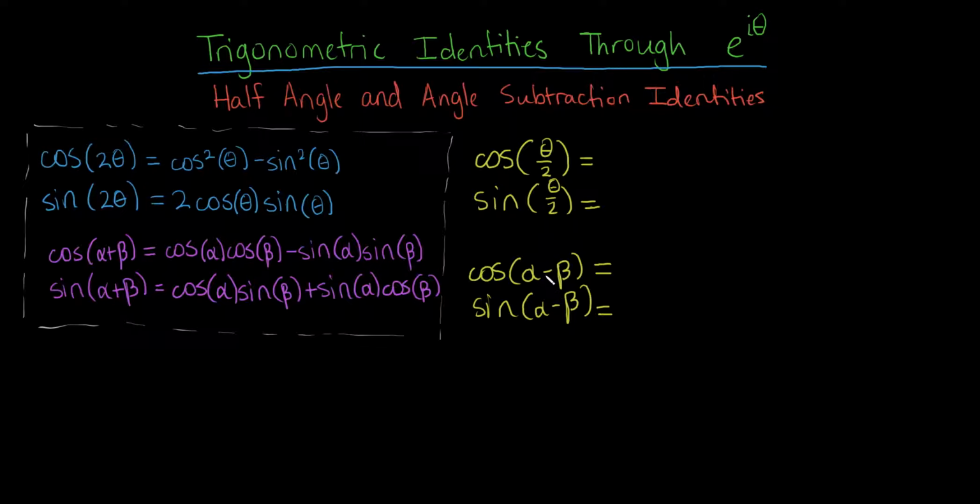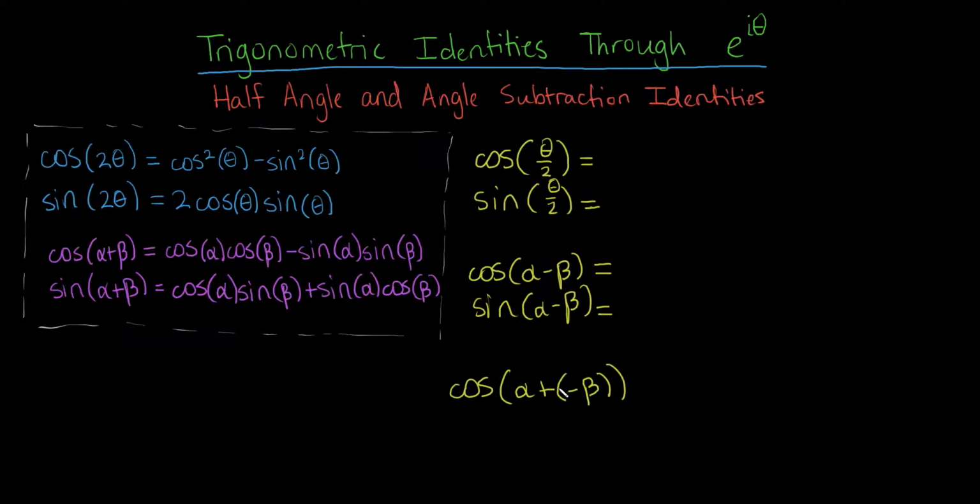It should feel pretty natural here that this is very, very similar to the angle sum identity. And with one quick substitution, we can actually put it in exactly the form of this identity. We can remember that the cosine of alpha minus beta is the same thing as the cosine of alpha plus negative beta.